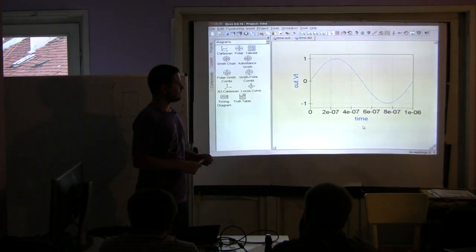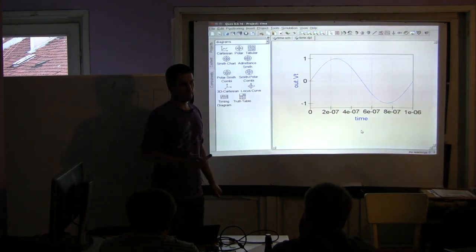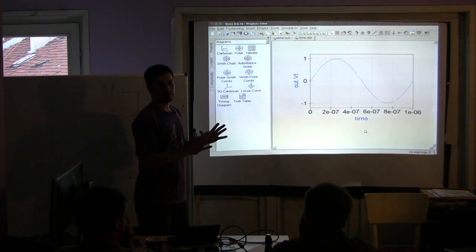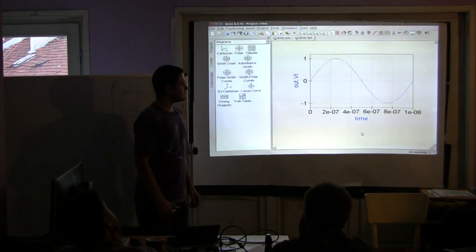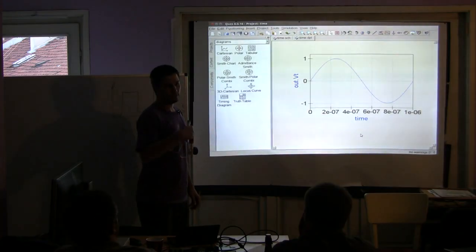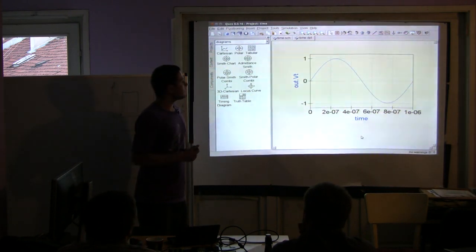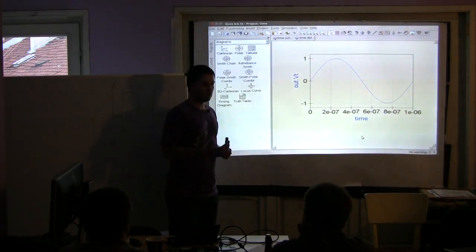But filters, for example, are such things that define the signal in frequency domain. You can shape the signal more or less, and when you look at it in time domain, the signal will be defined as you wish.